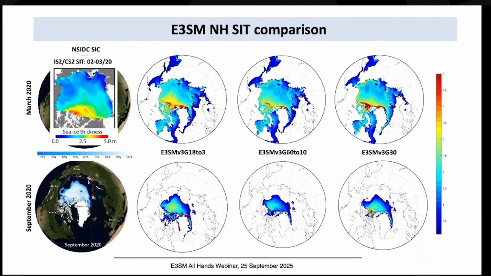We think that the overestimation of ice drift is a real bias in most of the models, not just E3SM, but also CMIP6 and other simulations. And we're actively pursuing this idea in terms of trying to understand what might be causing it and how we can improve the representation of the ice drift and ice thickness distribution in the E3SM AEROSI simulation.